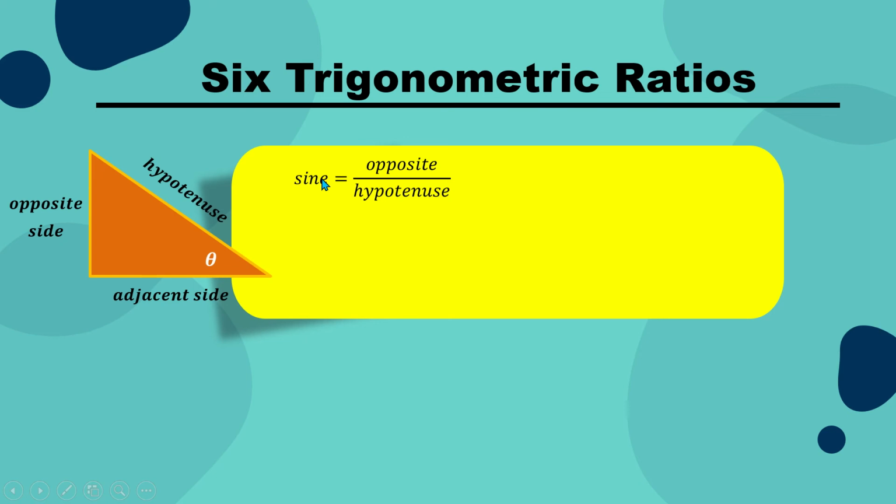The sine function is equivalent to the opposite over the hypotenuse. So sine is y. Then followed by the cosine function. Cosine is representing the coordinate x.